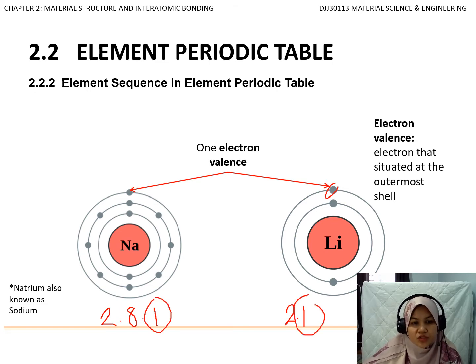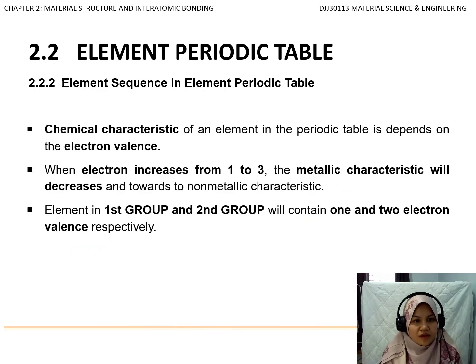First group, ataupun grup 1 lah. So grup yang sama mempunyai chemical karakteristik yang sama. Chemical characteristic of an element in the periodic table depends on the electron valence. So the same electron valence will have the same chemical characteristic.